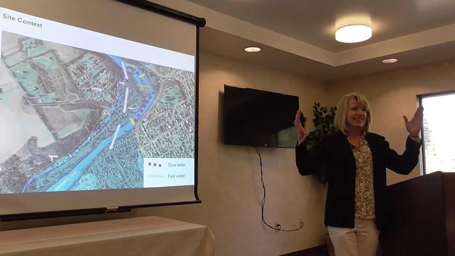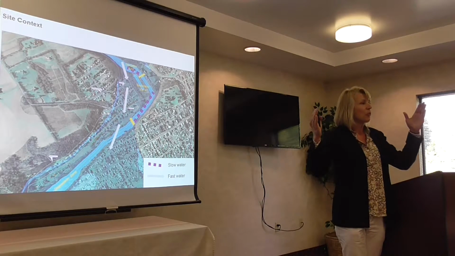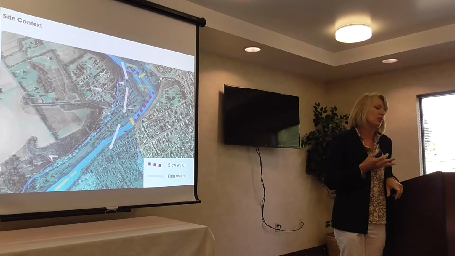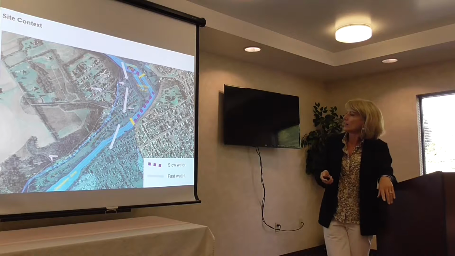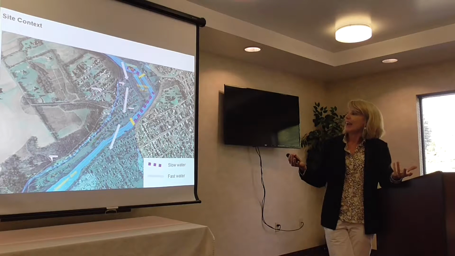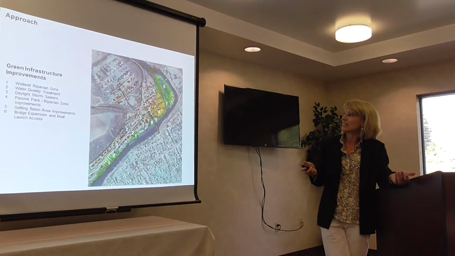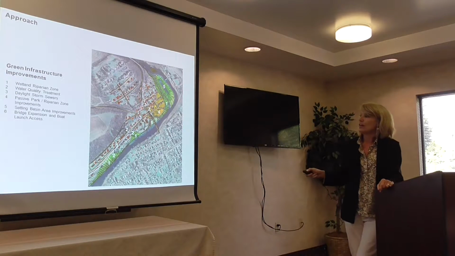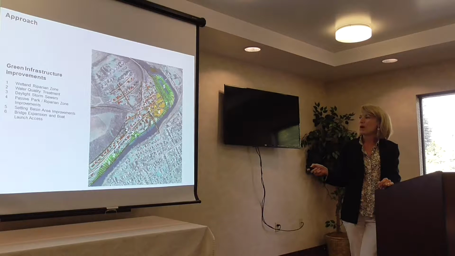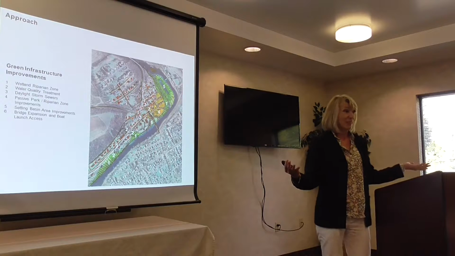So this is a bigger picture, but I'm trying to explain that it's so important to understand the context, the history, and how a site can be affected by these bigger picture things, and how you need to understand this to start to understand and apply. In this case, they wanted to do some green infrastructure. So this whole project was all about water quality, and yet we had to look at the flooding issues.